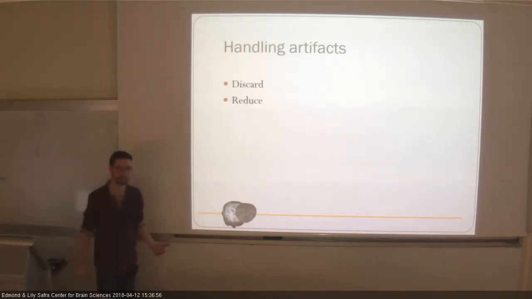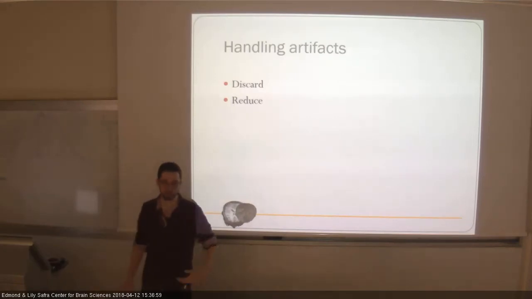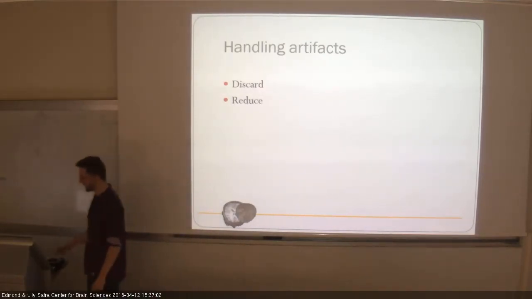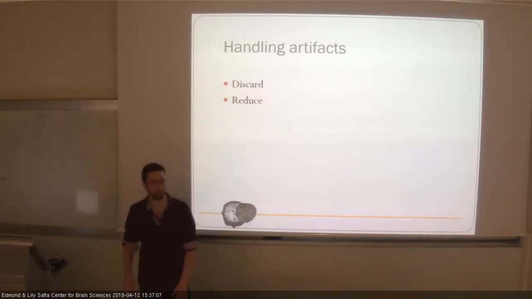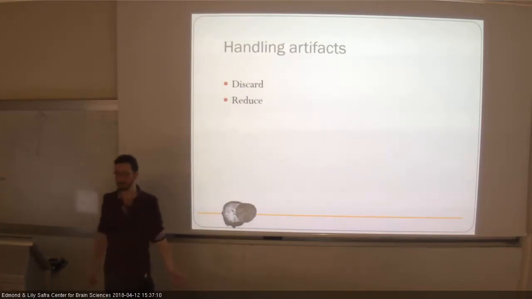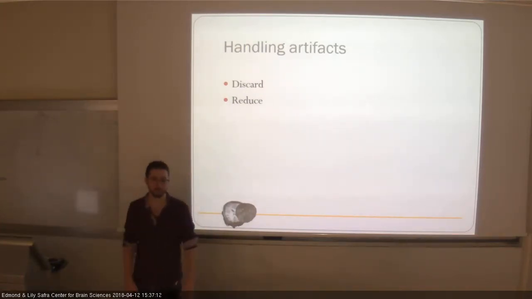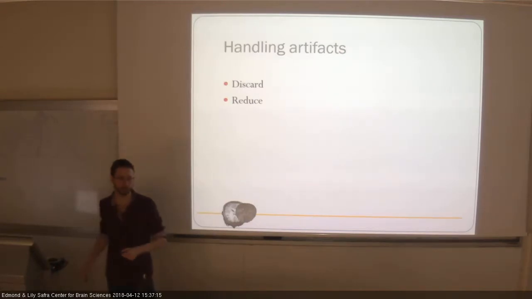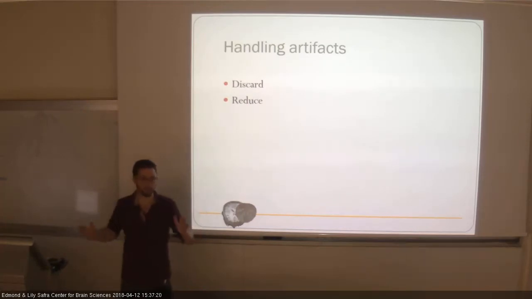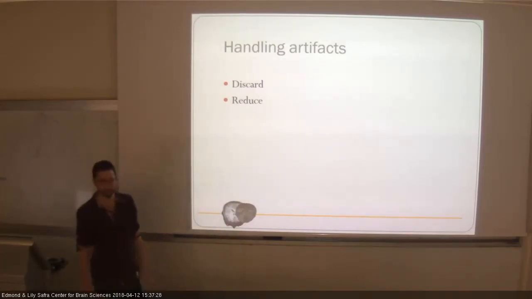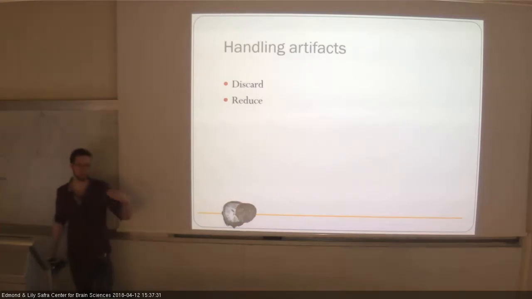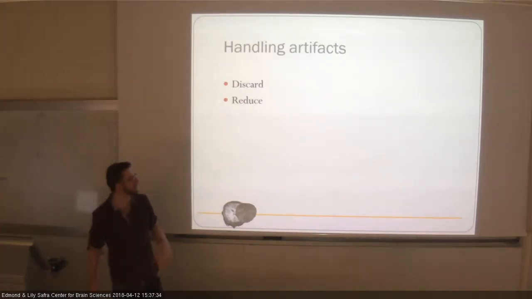A more complex idea is trying to get rid of artifacts without getting rid of the data, so reducing the artifacts. The simplest way to do that is when you can easily separate out the artifacts. For example, there's a very clear artifact of your EEG signal drifting over time. When you measure EEG across half an hour of experiment, the signal starts here and slowly drifts to a different potential over time, because the absolute potential is sort of arbitrary.